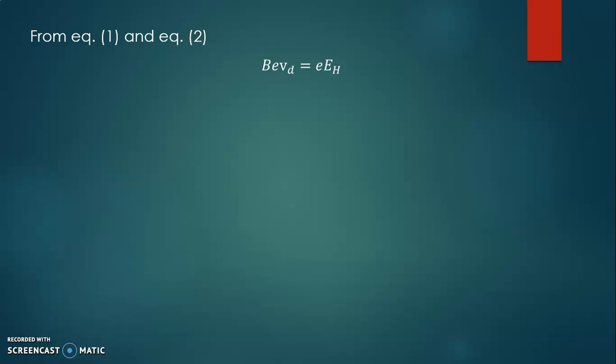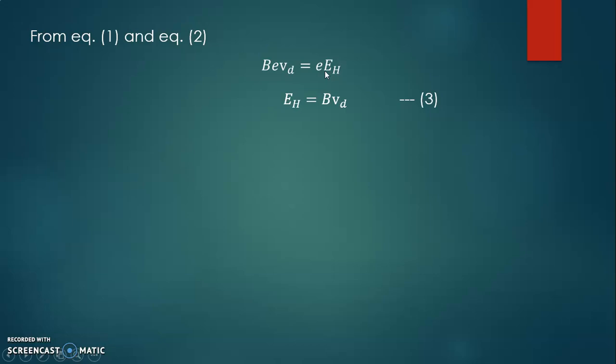So we can write B into e into V suffix D, which is given by the Lorentz force, and the other force e into capital E suffix H, which is given by the electric field. So capital E suffix H can be written as B into V suffix D by cancelling this small e from both sides. Let's call this equation number 3.